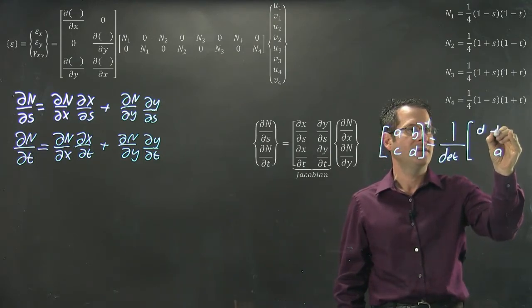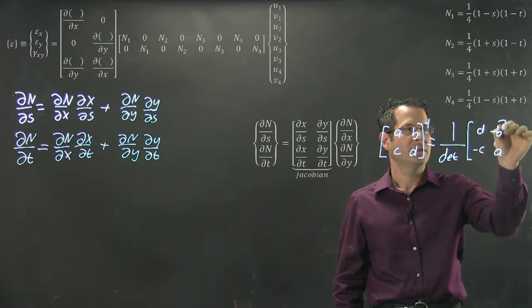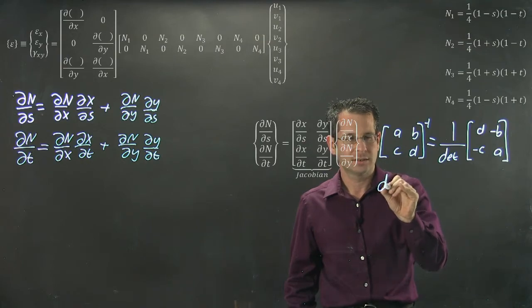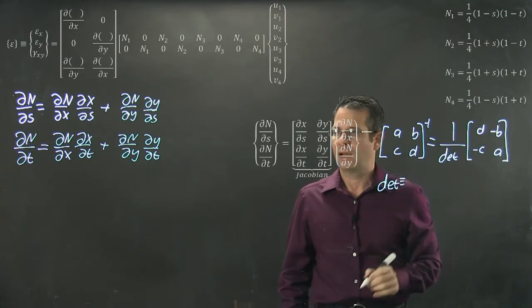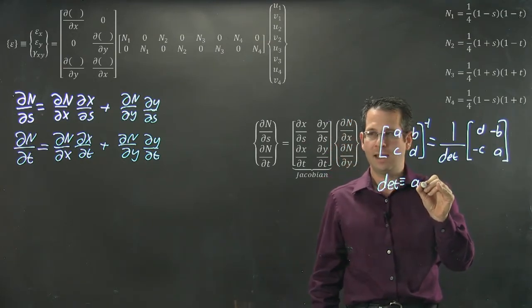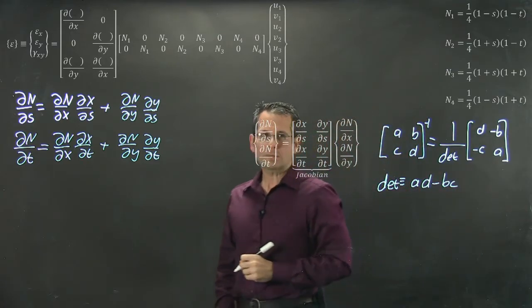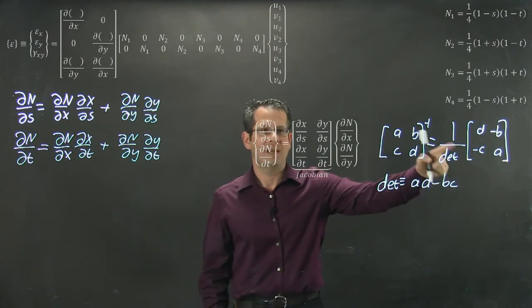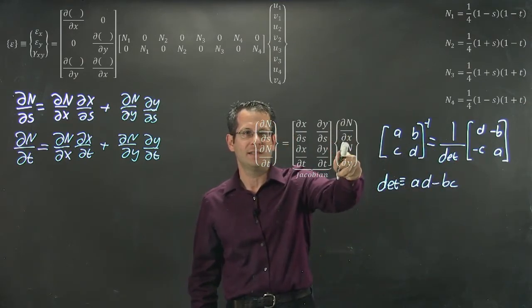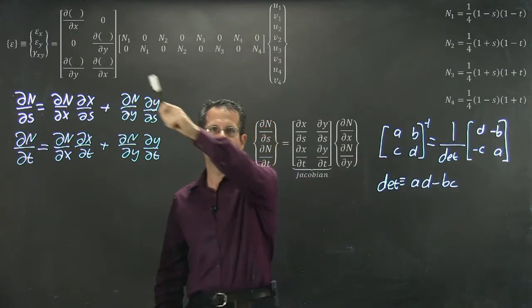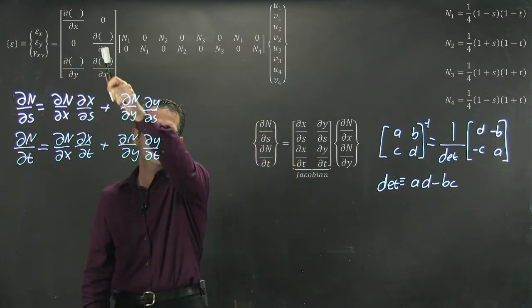So I have negative B, negative C. My determinant I can find as AD minus BC. Okay, so now that I've done this, I have a way of finding these functions dN/dx, or more generically, d blank dx and d blank dy.